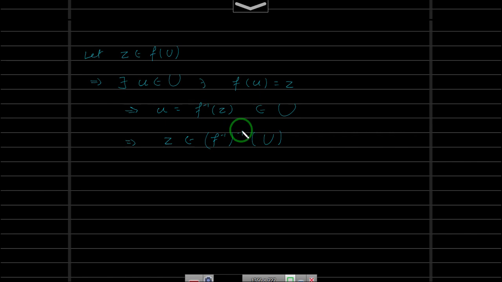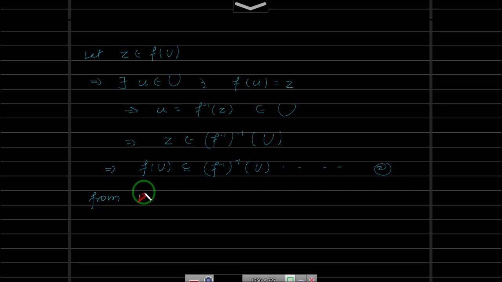Please make distinctions about the inverse images and the inverse function over here. So we have taken z in f(U) and proved that it is in this set. This implies f(U) is contained inside the inverse image of U under f inverse. This is our equation 2.